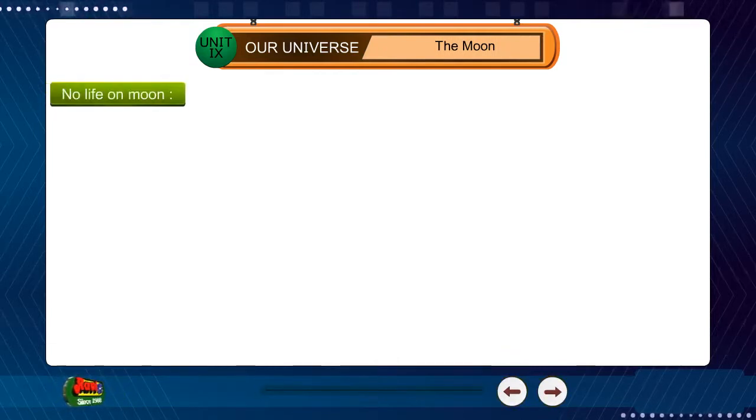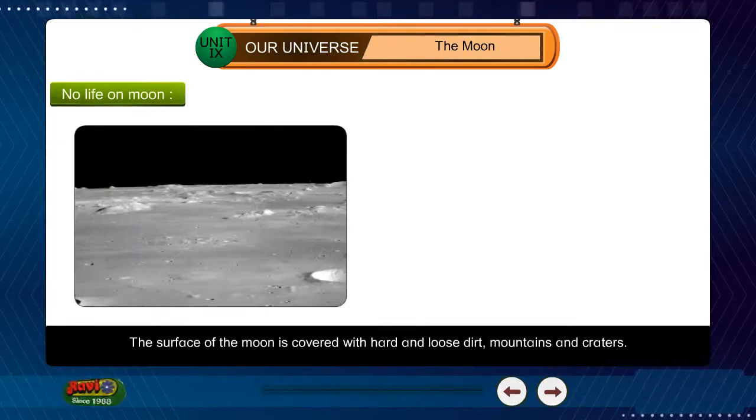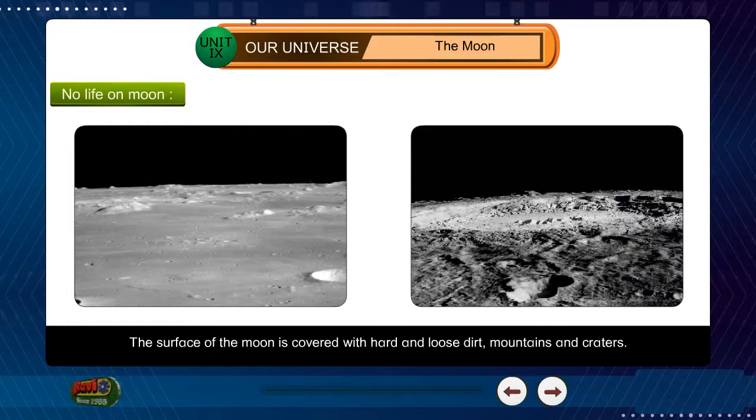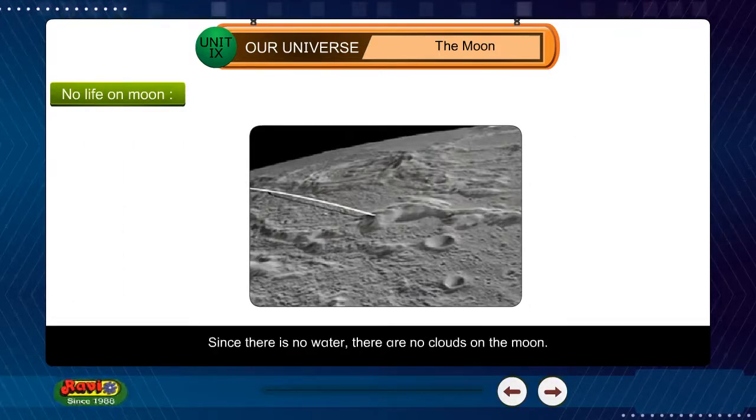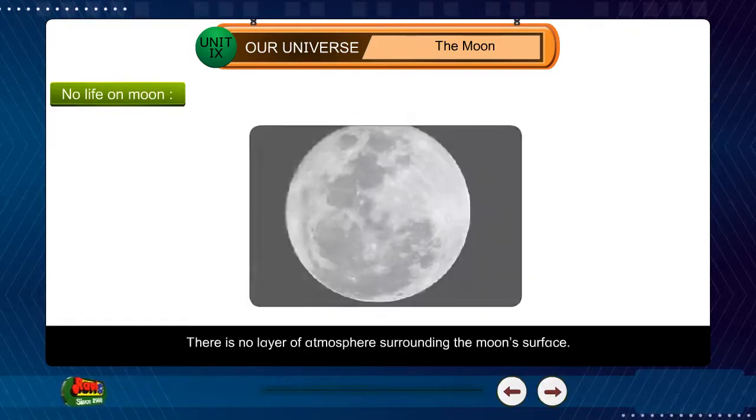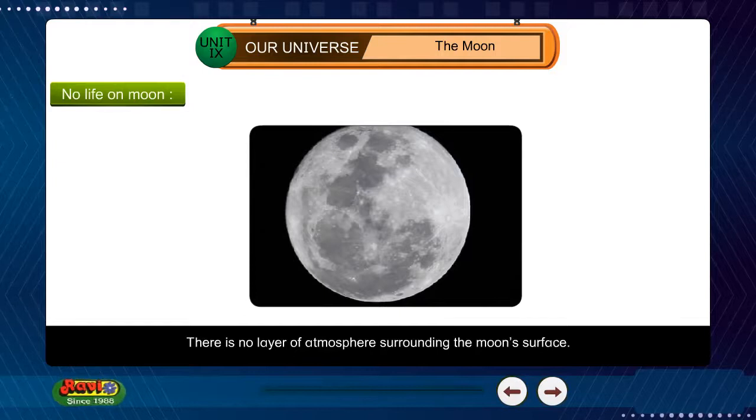No life on moon. The surface of the moon is covered with hard and loose dirt, mountains and craters. It has no air and water. Since there is no water, there are no clouds on the moon. There are no layers of atmosphere surrounding the moon's surface.